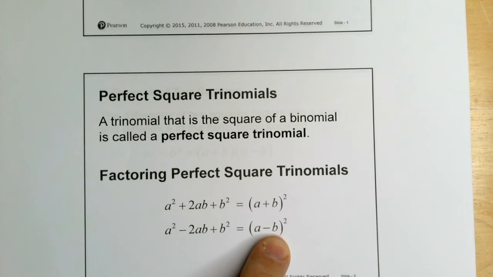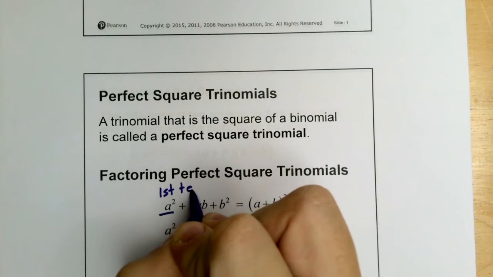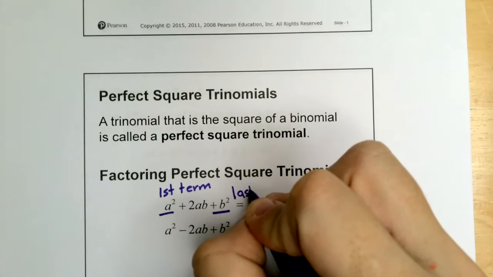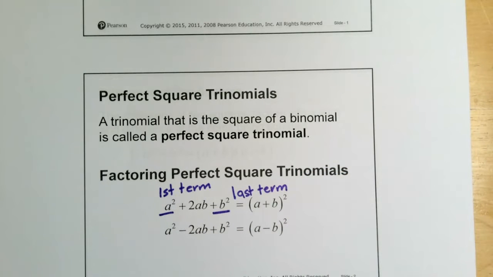Okay. What we need to know about this is that the first term and last term are both a number squared.